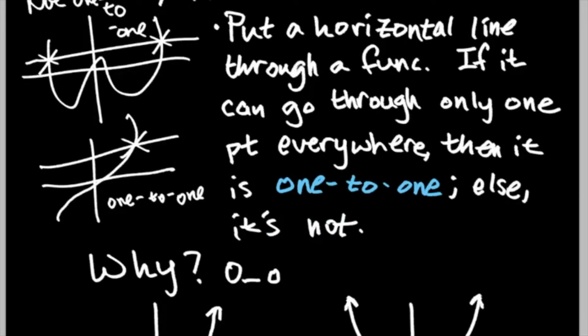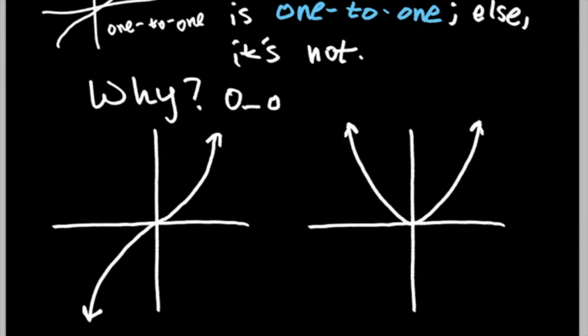Again, so y. If we look at the one on the right, we see that it goes through 2 points for the y, and it could be x or negative x. Let's just say they're the same value. And then there's a y.